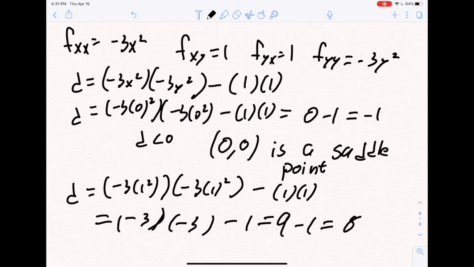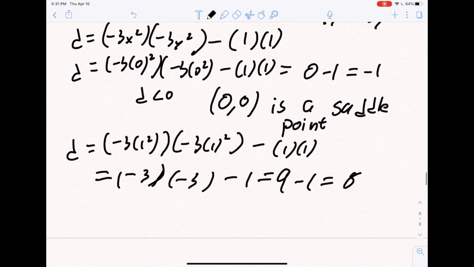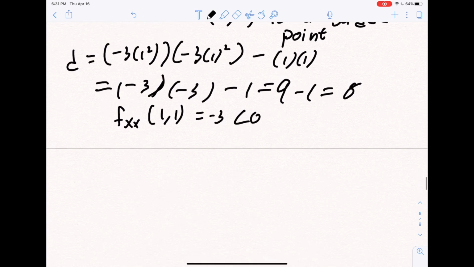So we have that is bigger than 0. And fxx(1, 1) equals negative 3 is less than 0. So that tells us that we have a relative maximum. So (1, 1) is a relative maximum.